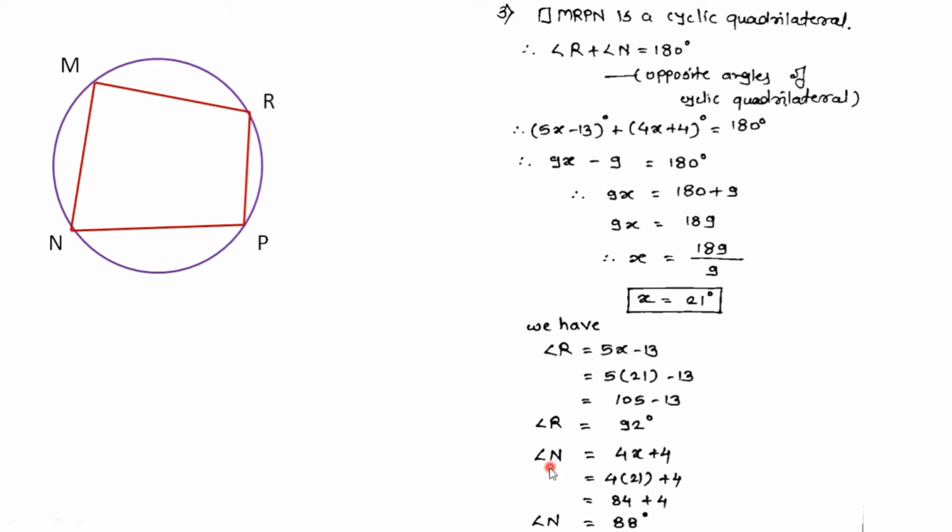And angle N is 4x plus 4, that is 4 into x. So we have to replace x by 21 degrees. It is 4 into 21 plus 4, that is 21 into 4, that's 84 plus 4, which is equal to 88 degrees. So the measure of angle N is 88 degrees.